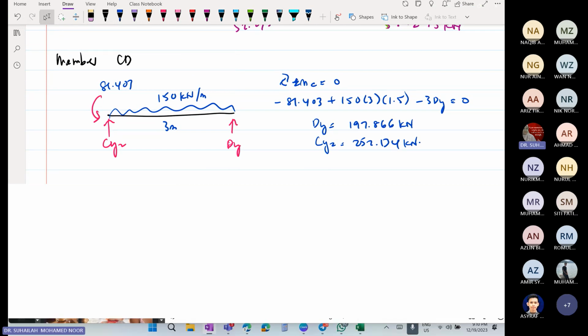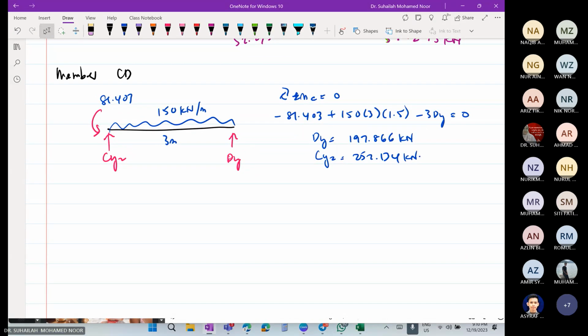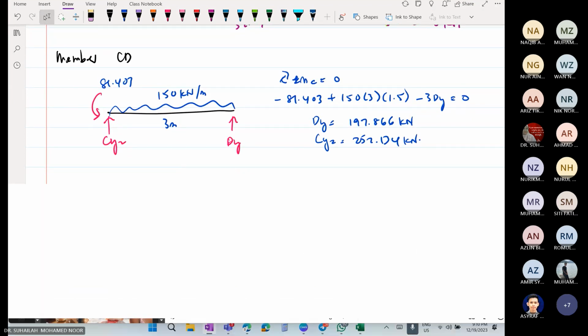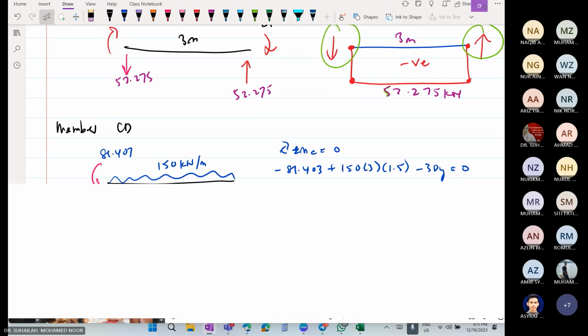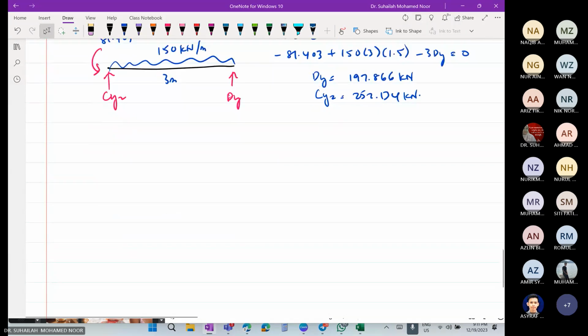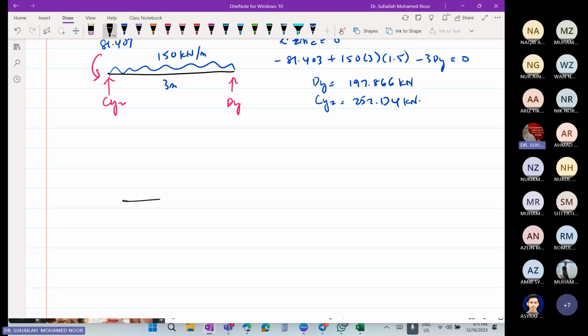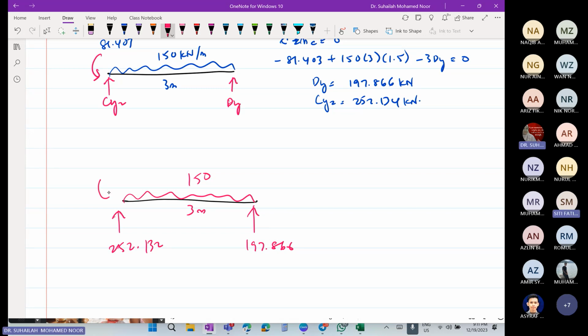So with this value: CY2, 252.134; dy, 197.866; UDL, 150 over 3 meter; moment, 81.403.